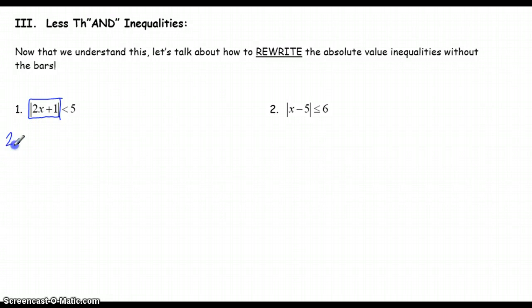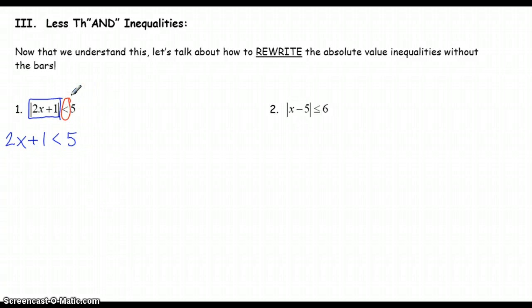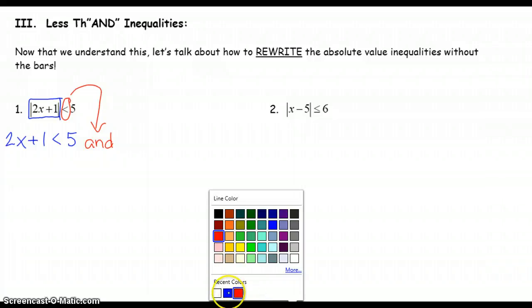The first one, just like with the equations, is going to remain exactly the same, but without the absolute value bars. Now, we want to look at our symbol. Notice that our inequality symbol is a less than symbol. That tells us that we need to use the word and. So in between the two inequalities that we write, make sure that you write your word.